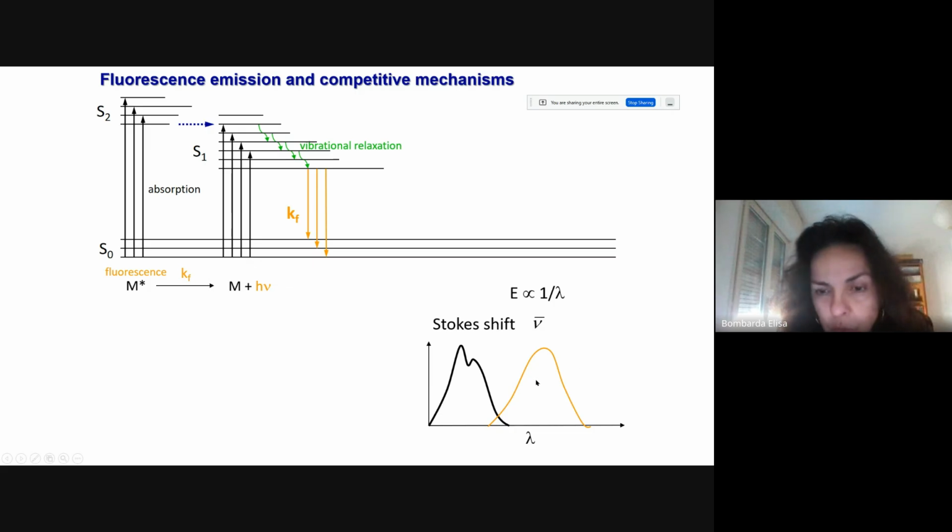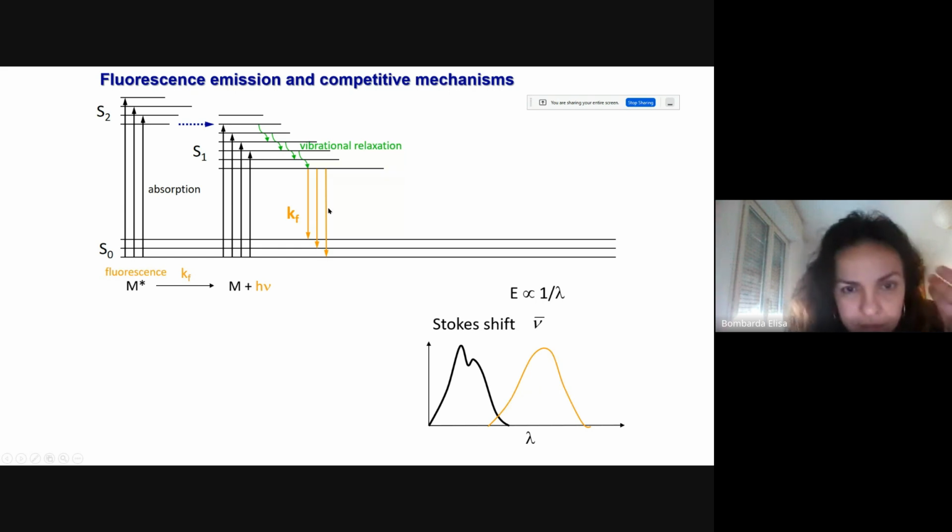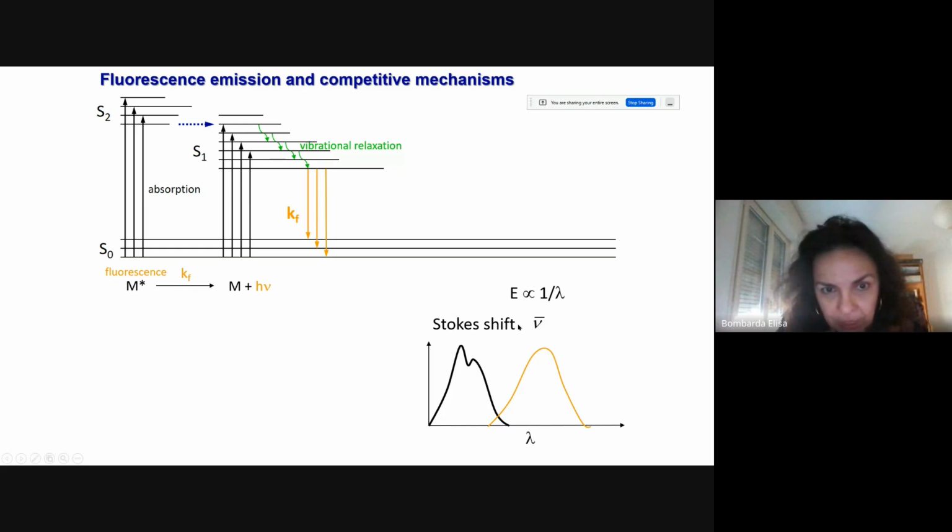In black is the absorbance spectrum, and in orange is the fluorescence spectrum, that is the profile of this emission. Here we immediately see the Stokes shift.